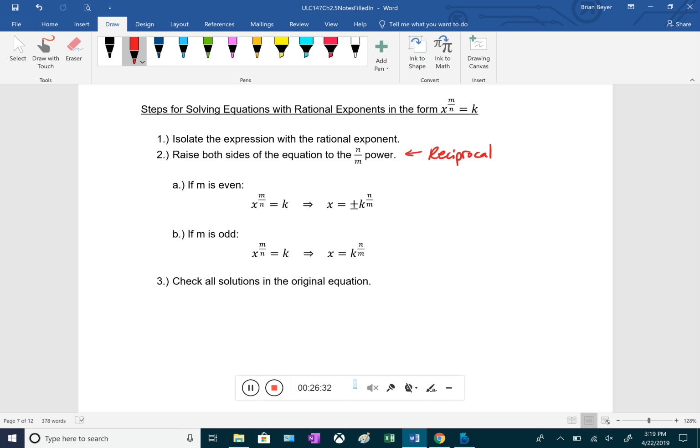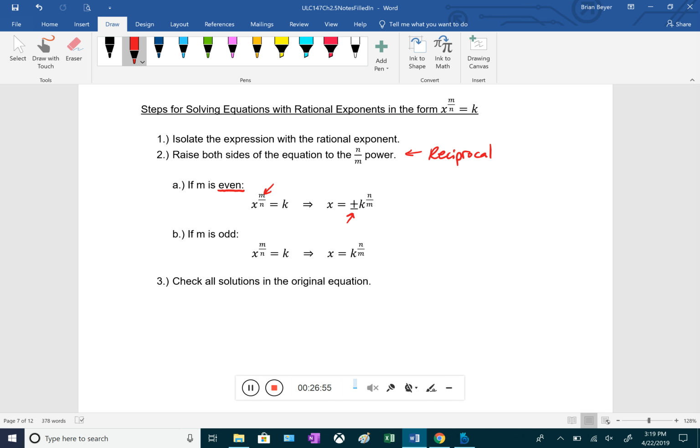Okay, there is one thing you have to watch out for. If m is even, so if the original numerator is even, then you're going to get plus or minus as your answer. I'll put a little note. You'll get a plus or minus.